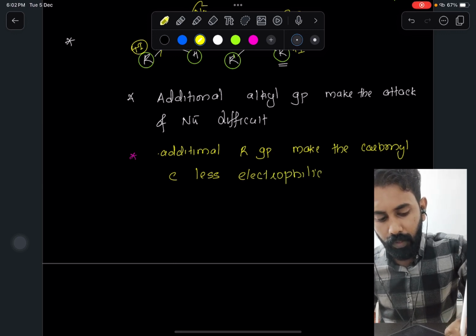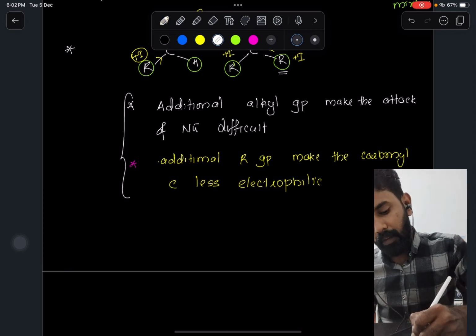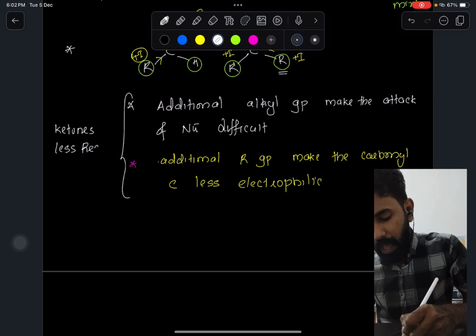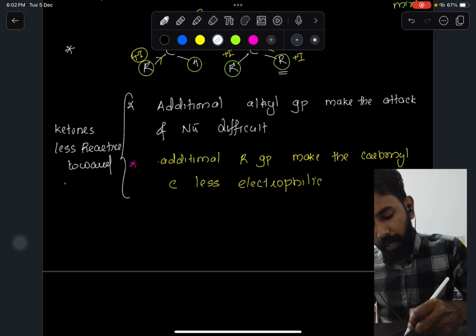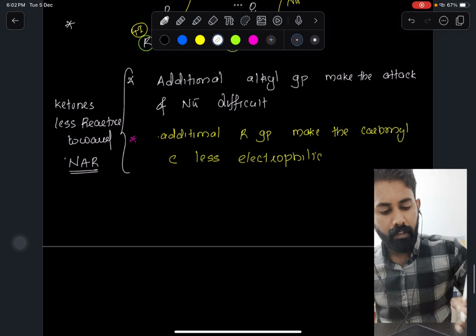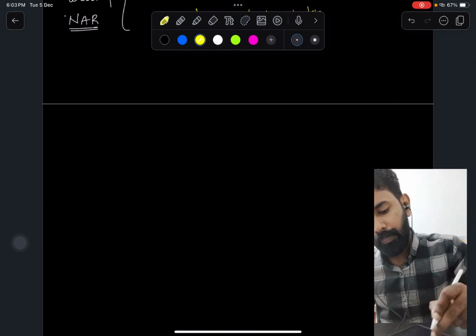And that's why we can simply say ketones are less reactive towards nucleophilic addition reaction. Okay, simply NAR, nucleophilic addition reaction. So now it is clear.